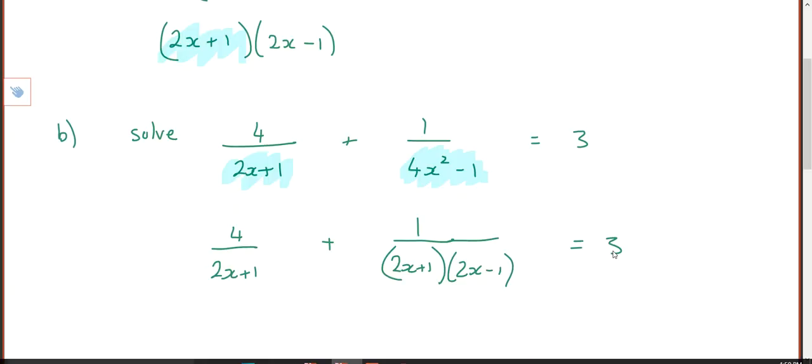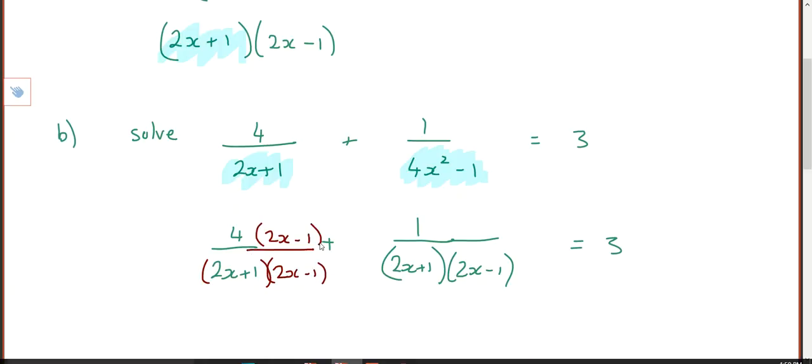And I said to you, you could either multiply by the whole thing, which would be fine, but it will make it more complicated. There's a lot more stuff to it. Or what we then do is say, all I need to do is multiply this one by 2x minus 1, top and bottom.